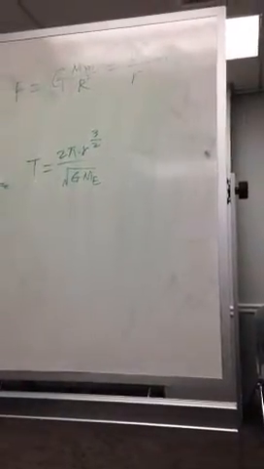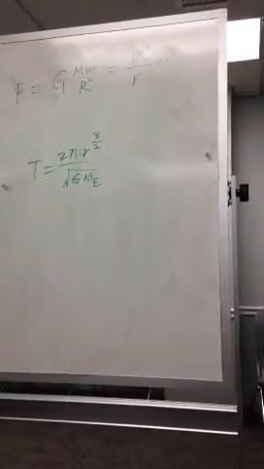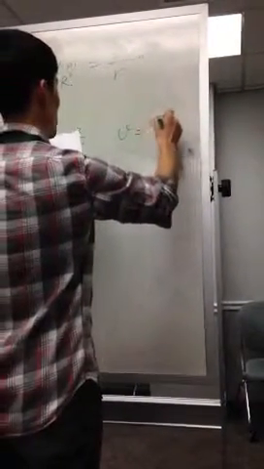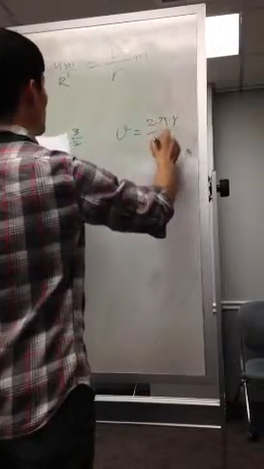That's ma, right? And you know the velocity is 2 pi r divided by T.